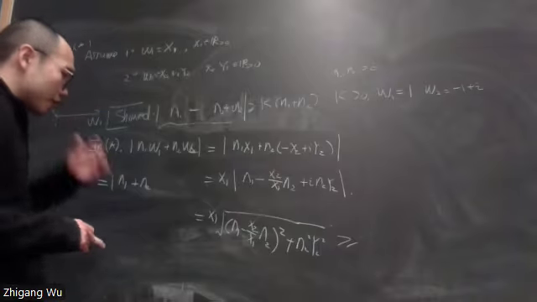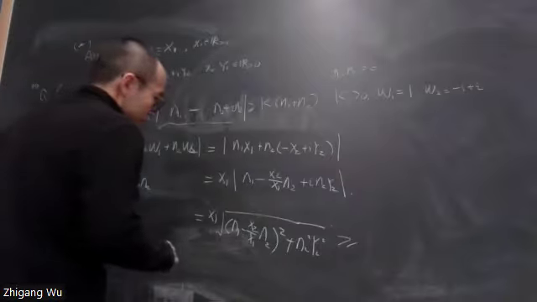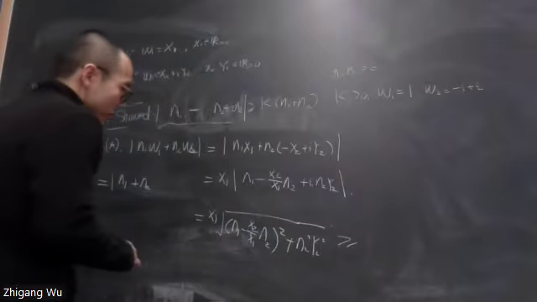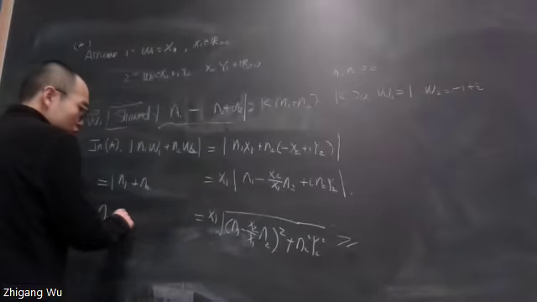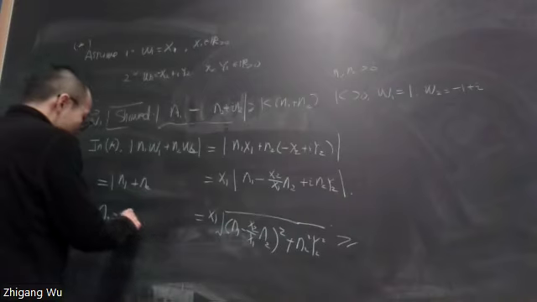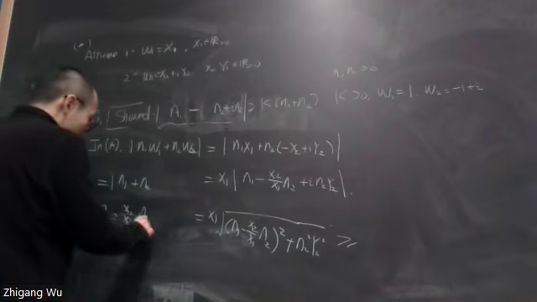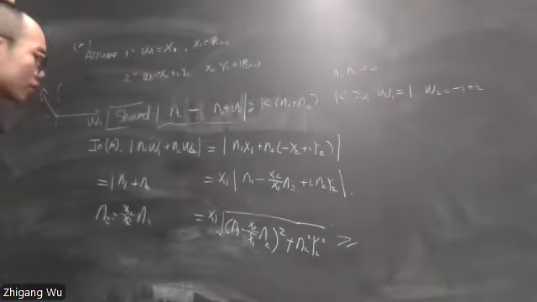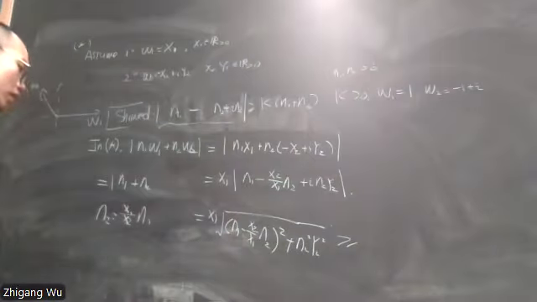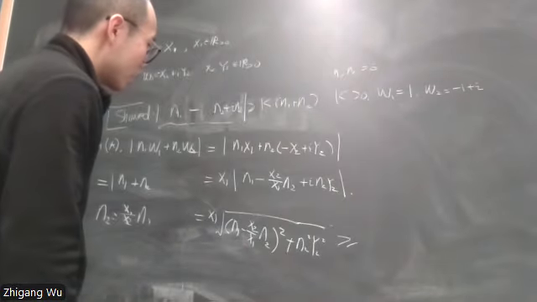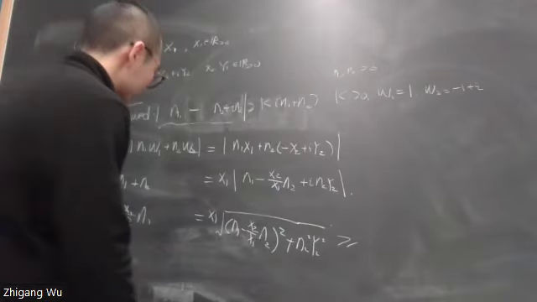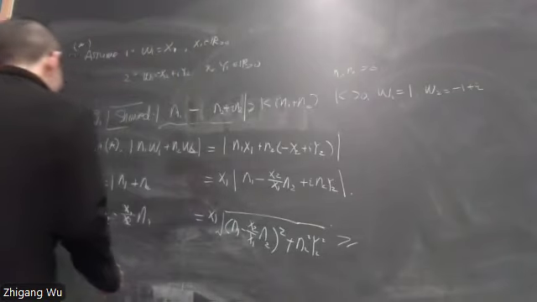So there is this argument about, for example, if you have n2 is equal to, let's say, x2 over x1 and 1, right? Then this part will cancel out, right?